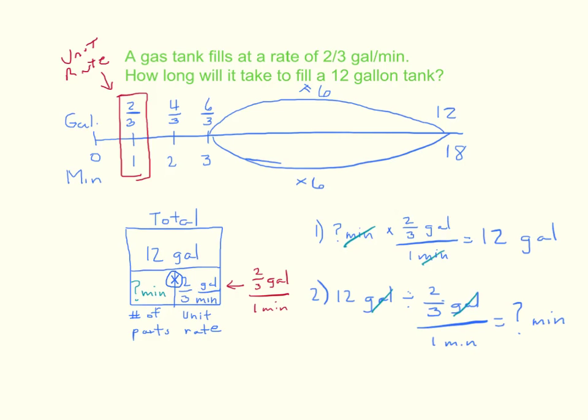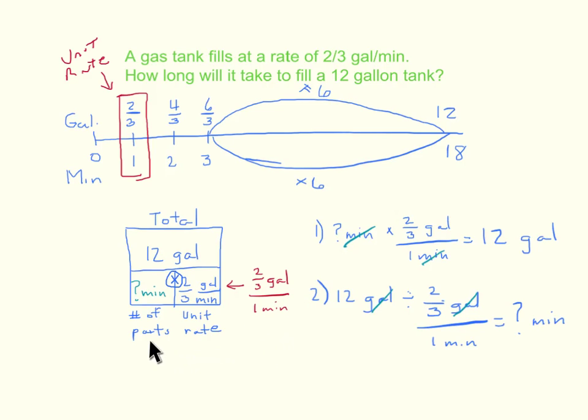So from this word problem, we know that we have 12 gallons total, and the other piece of information that we know is this unit rate of 2/3 gallons per minute. Another way of writing that is to show the 2/3 gallon per 1 minute.